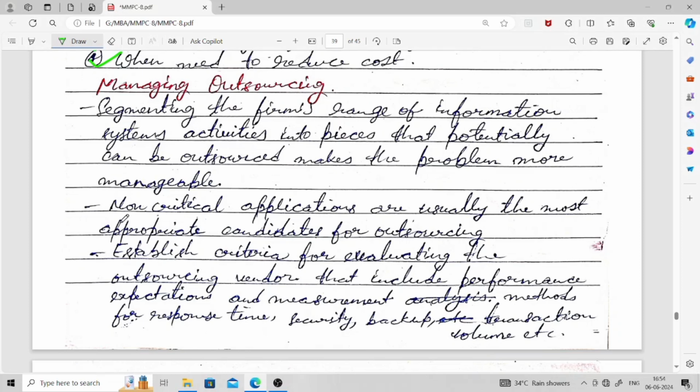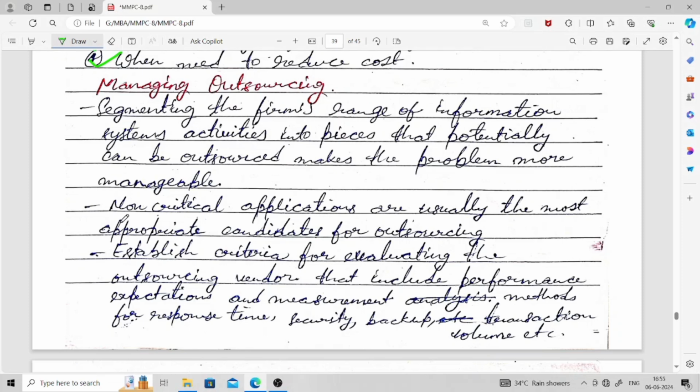So for managing outsourcing, we segment the information system activities into different pieces, and if we divide them into pieces, then managing becomes quite easy.